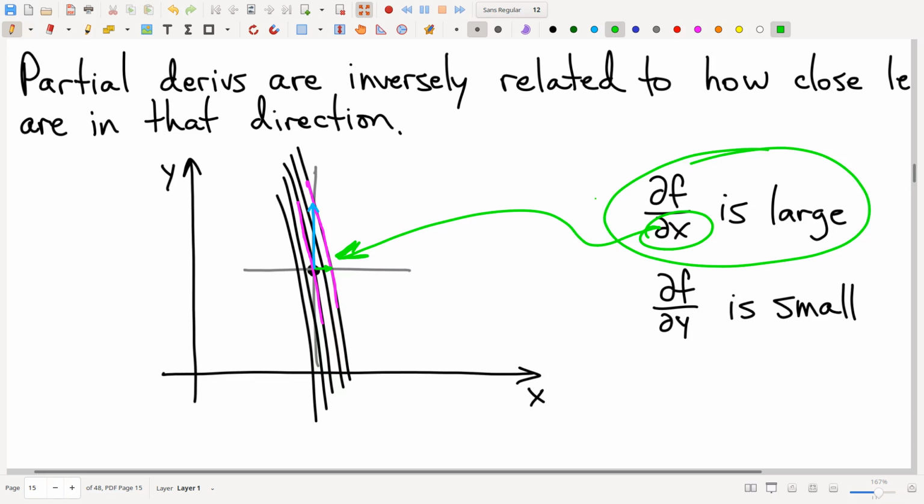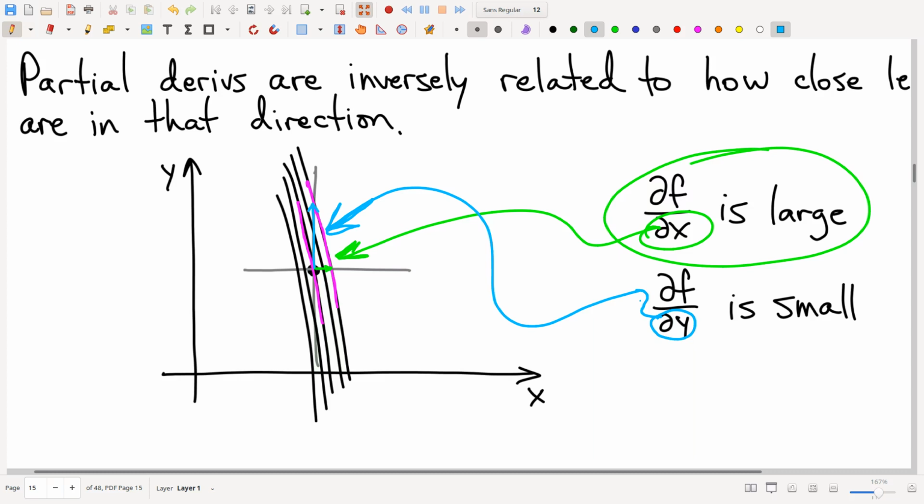Whereas, by contrast, the little y change, well, I've got to move pretty far in the y direction to gain those same 200 feet.